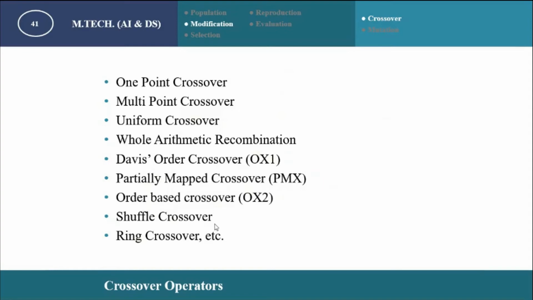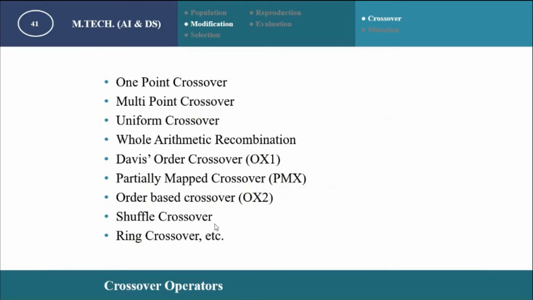Depending on each work, a researcher actually publishes. He might be introducing a new crossover operator, because combining two different chromosomes is very easy. It can be done in many different ways.